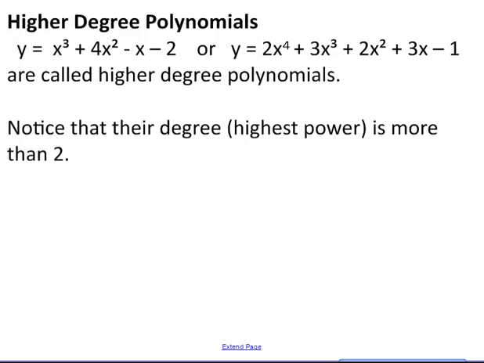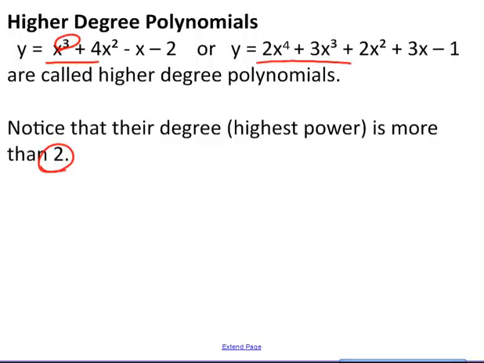In this section, we're going to be graphing what we call higher degree polynomials. An example would be y equals x cubed plus 4x squared minus x minus 2. Notice the highest power of x is a 3, which is larger than 2. Another example of a higher degree would be y equals 2x to the 4th plus 3x cubed plus 2x squared plus 3x minus 1.